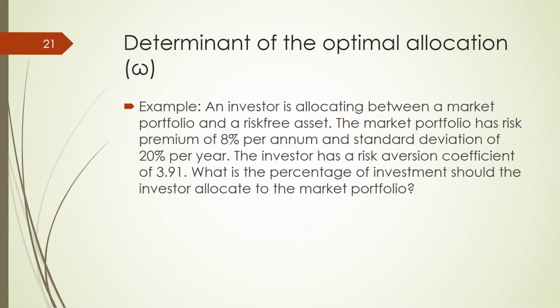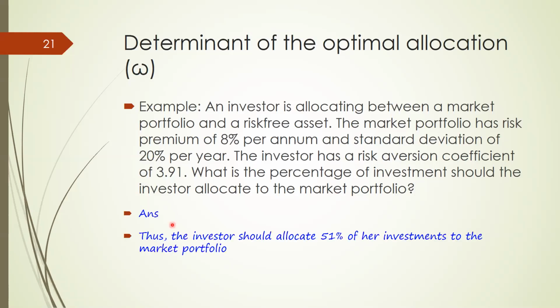Let me give you an example. If the market has a risk premium of 8%, standard deviation 20%, and risk aversion coefficient A of 3.91, what is the optimal allocation to the market portfolio omega? Using the equation, we take the risk premium, which is E(R_P) minus R_F, divided by A times sigma_P squared.